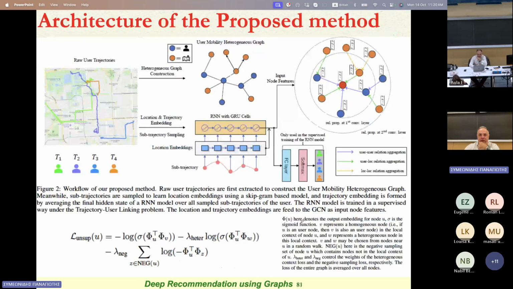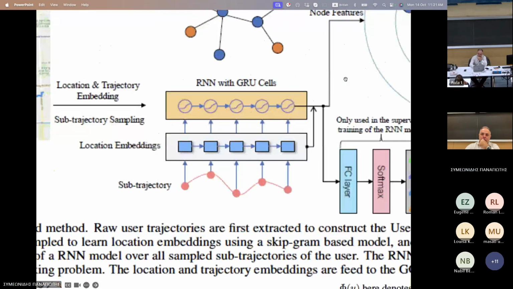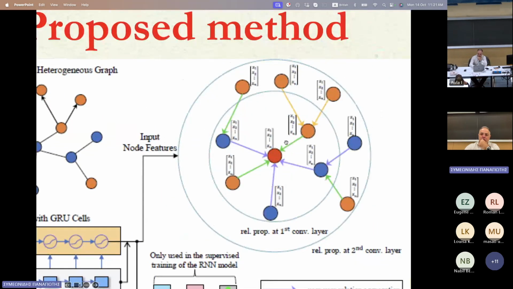So in this case, this method used a graph convolution network in order to propagate the information to the target node. In this visualization, this is the red node, so this is the target node.